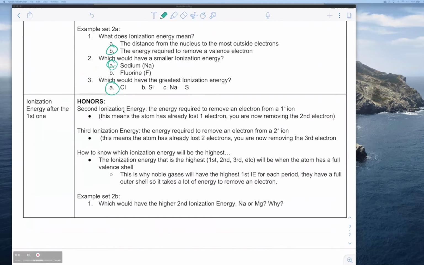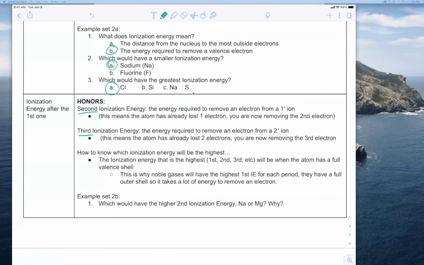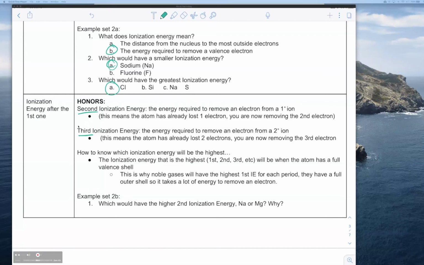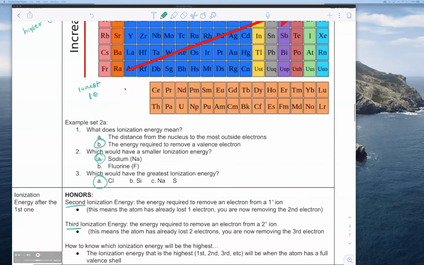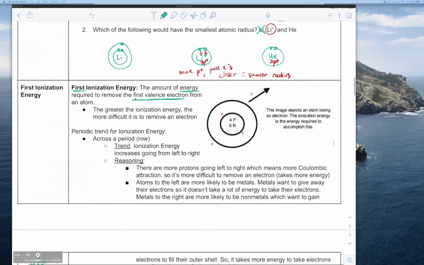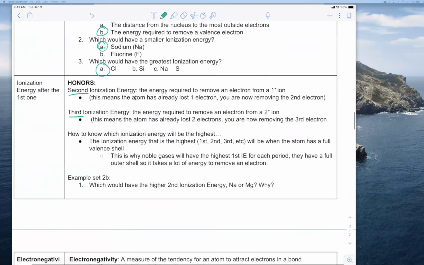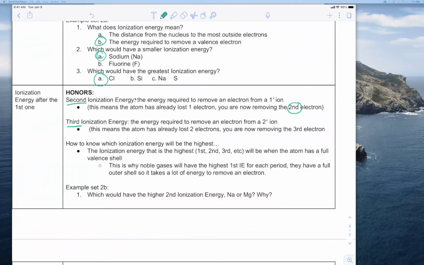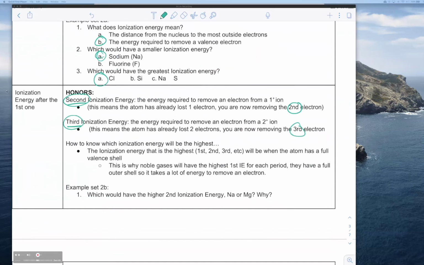So second ionization energy, basically the number of the ionization energy tells you which electron you're removing. So like I said before, first ionization energy means you're removing the first electron, right? So second ionization energy would mean you're removing the second electron. Third ionization energy would mean you're removing the third electron.